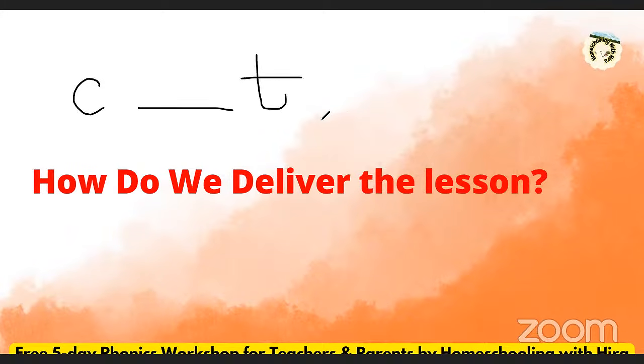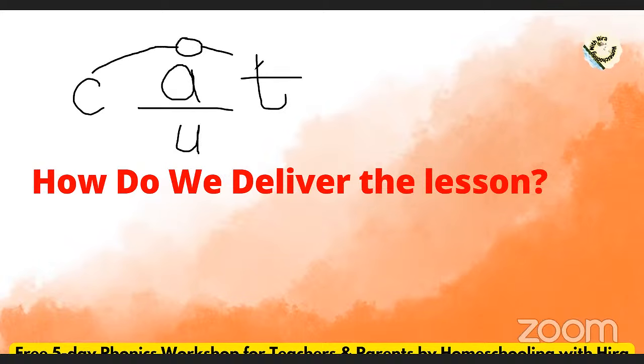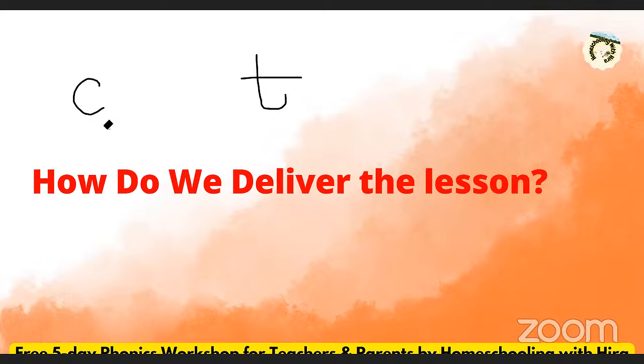You cannot make a word without a vowel. So the job of the vowel is to connect these two sounds together to make it cat, or cut, or caught. It gives rhythmic beats to our words. If we remove the vowels from any word, you will see something like this: cut, cut, cut. What is it? It's nothing.